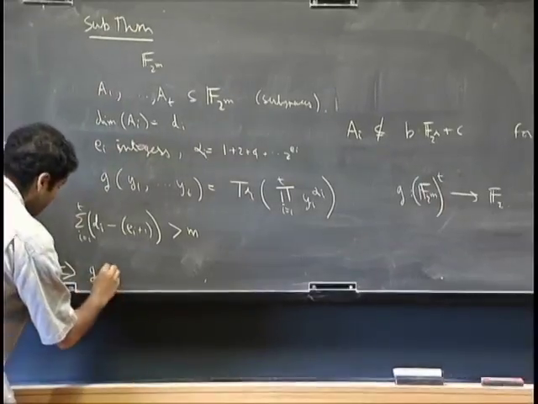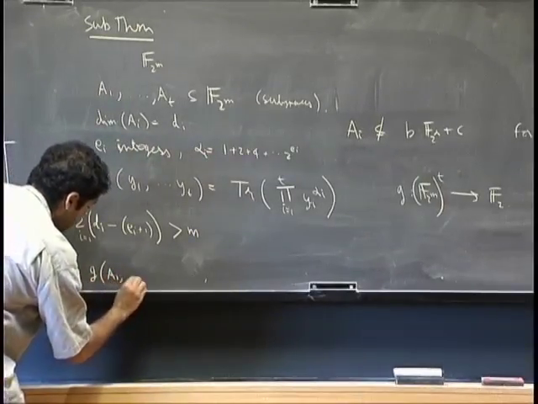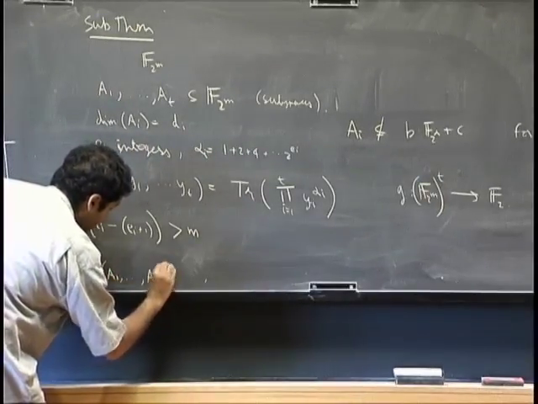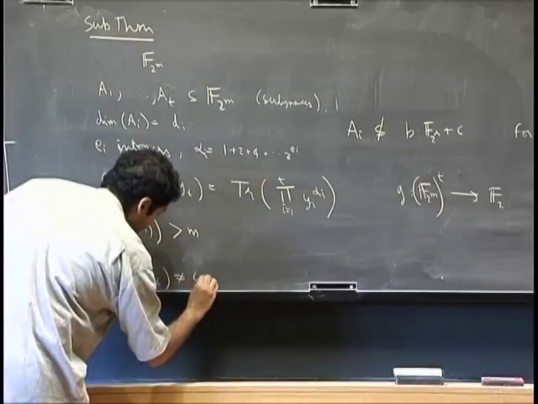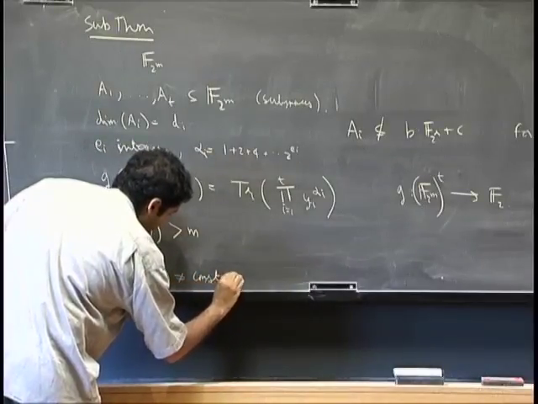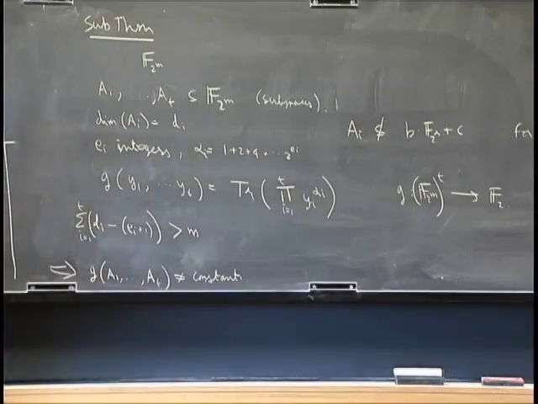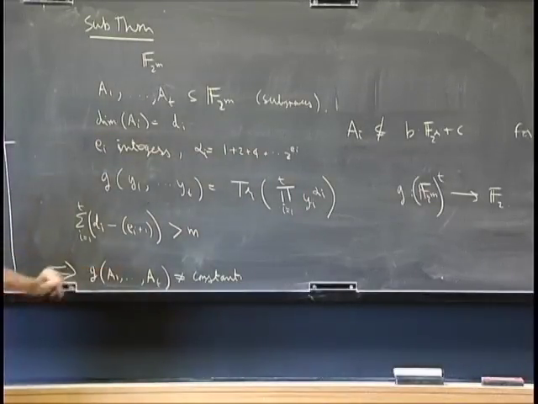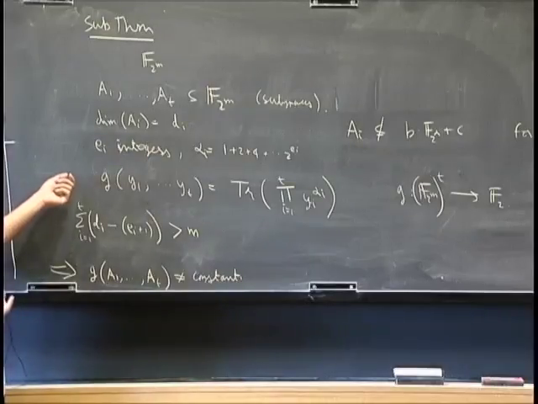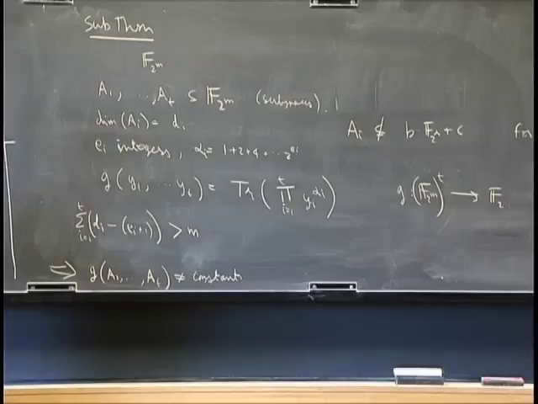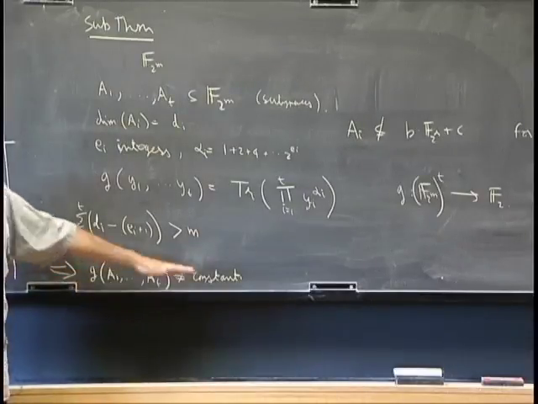Okay, so g of A_1 through A_t is non-constant. So this is for independent samples, right. You evaluate on all points in this Cartesian product. So on the Cartesian product, I want to say this is non-constant.